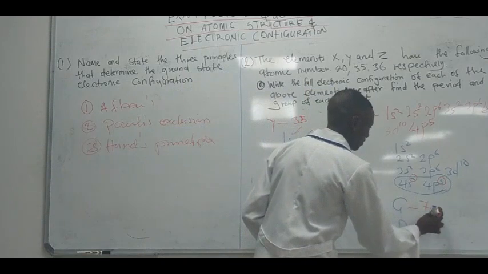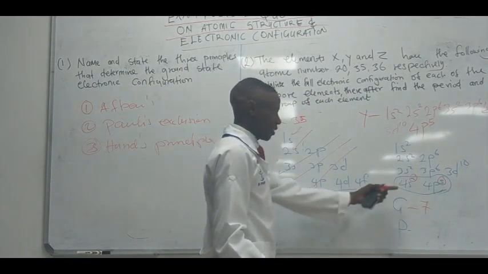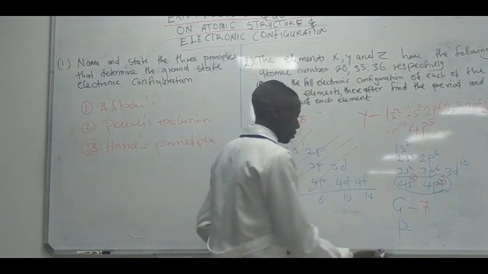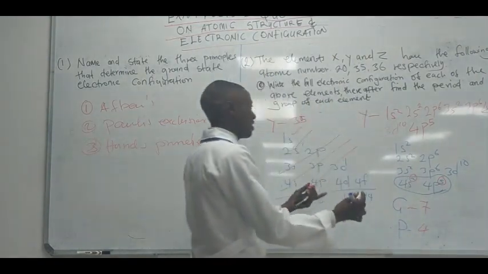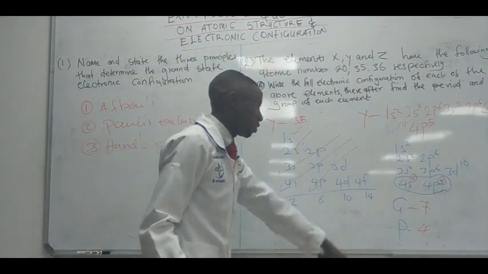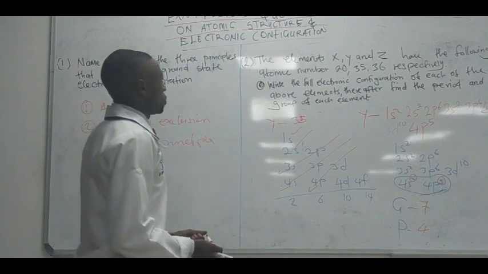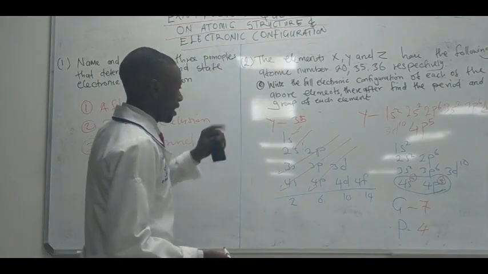That's 7. Group 7. What's your period? As you can see, it's 4. So element Y is in group 7, period 4. Okay, so this is how we come up with the solution of Y.